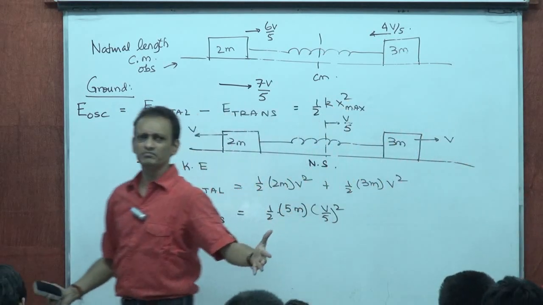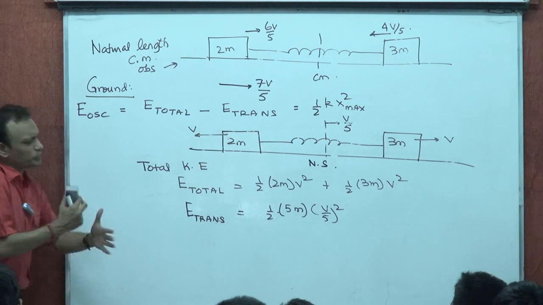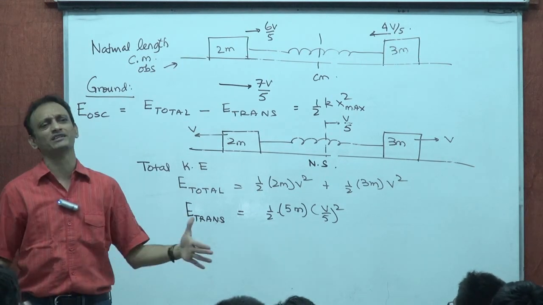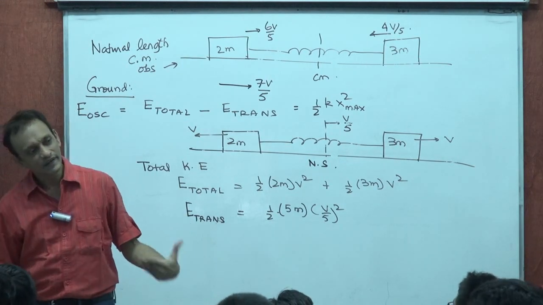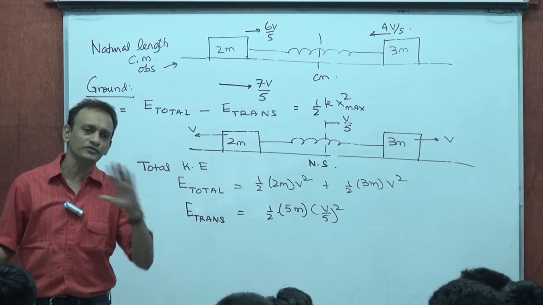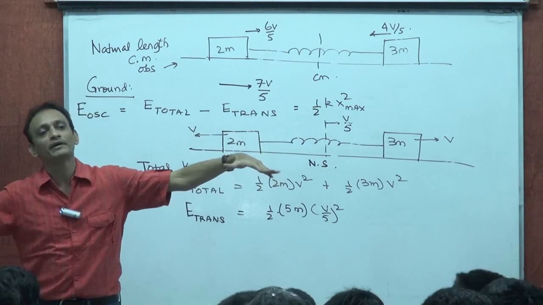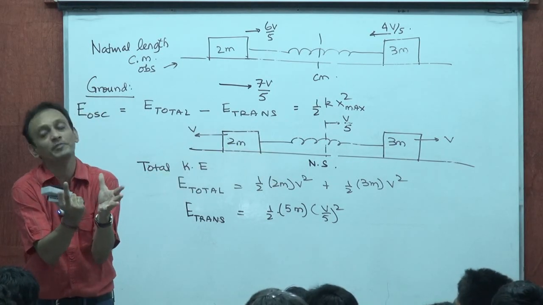So far so good, right? Not a problem. Let me know if I could wipe this off. So you precisely understand what's happening in the center of mass frame. It's best that we analyze the system in the center of mass frame, because eventually we could map it back to the ground frame with the factor v by 5.